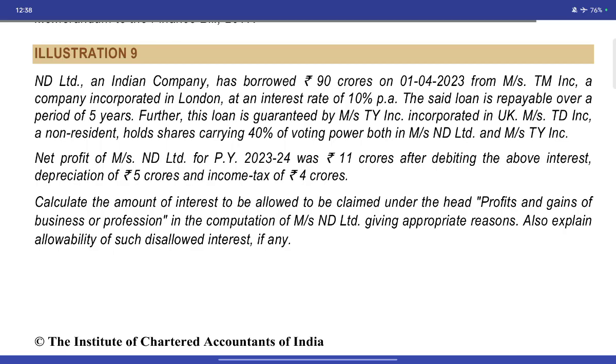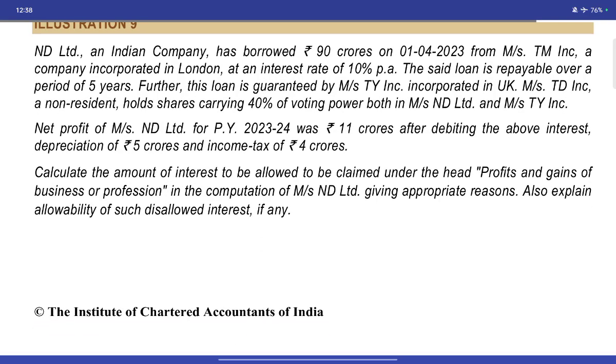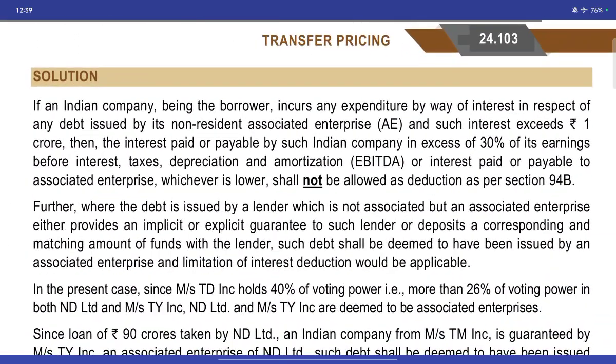However, the loan is guaranteed by MTTY incorporated in the UK. The net profit of this company is 11 crores after debiting interest, depreciation, and 5 crores income tax. Calculate the amount of interest allowed to be claimed. Out of the 9 crores of interest, 30% limit gives 6 crores allowed, so 3 crores is disallowed.